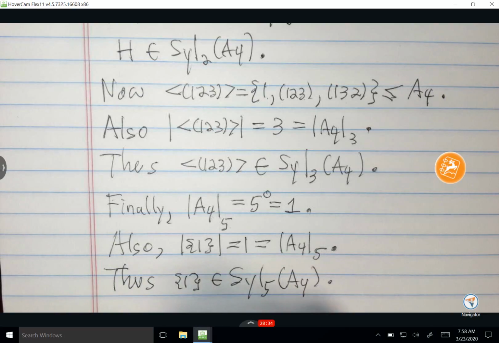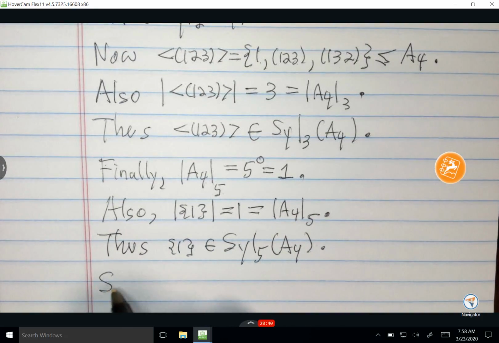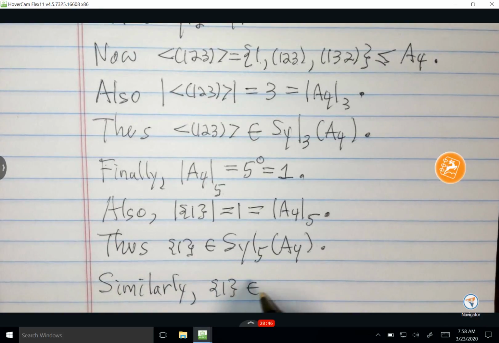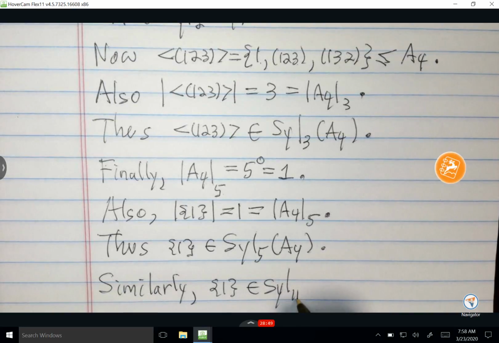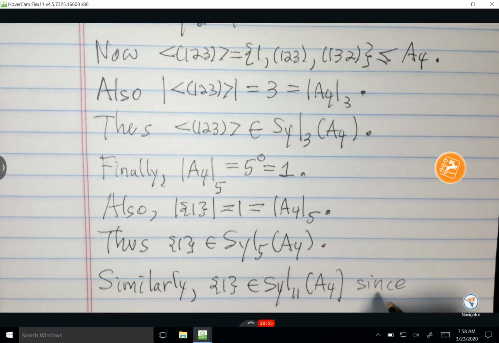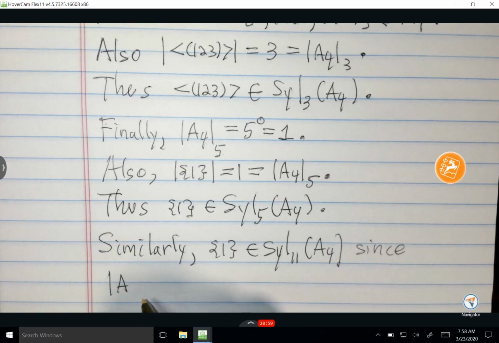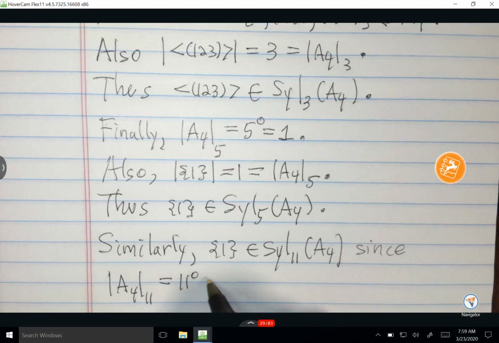Let's generalize that incredible discovery. Similarly, the identity is a Sylow 11 subgroup of A4, since the 11th part of A4 is 11 to the 0, or 1.